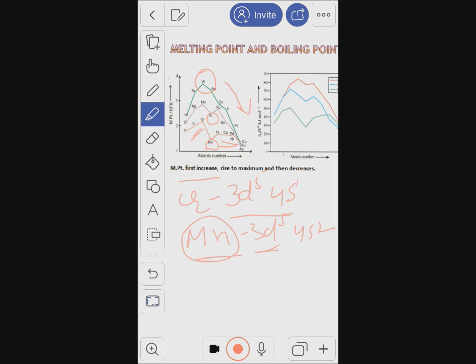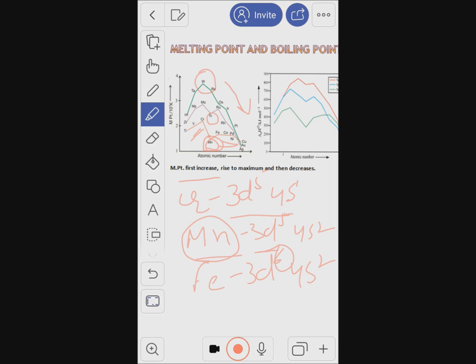That's why its melting point is lowest in its series. And in case of iron, again the electrons 3d6 4s2, the number of unpaired electrons decreases and hence the melting point shows a slight increase.